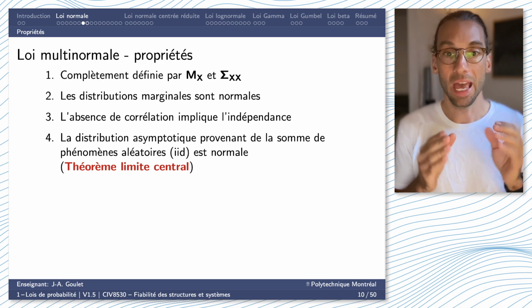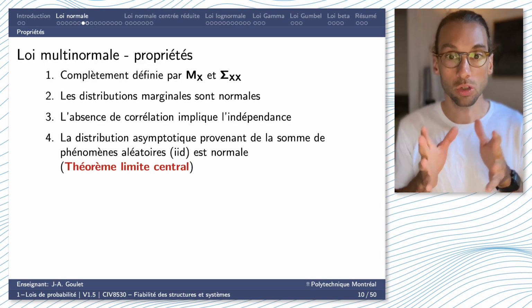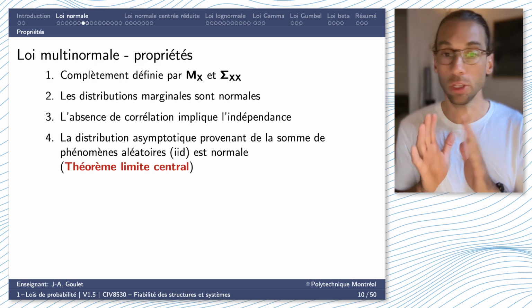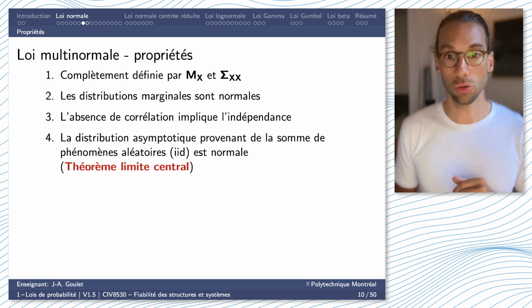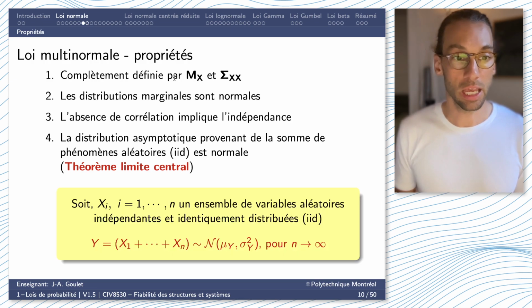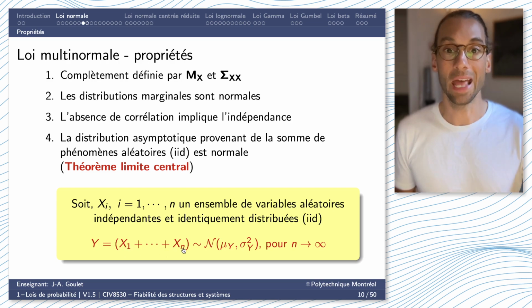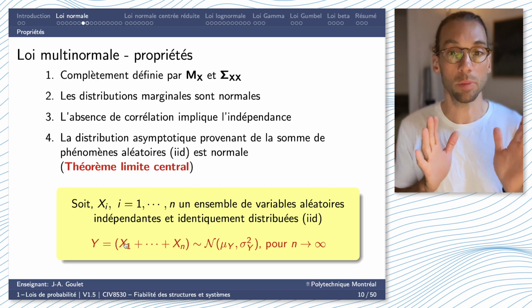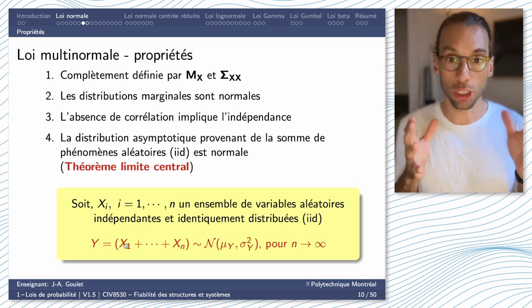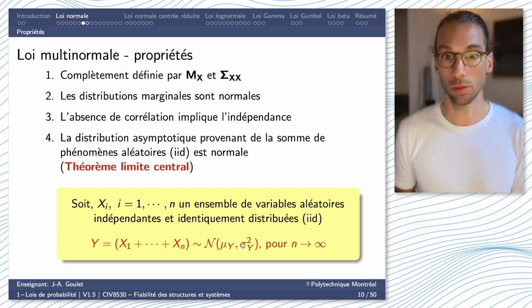If we sum infinitely many random variables that are all distributed in the same way, but could have an arbitrary shape, the result from the sum always tends to a Gaussian. So for instance, if I have n variables, for n that tends to infinity, and I sum these random variables that could be arbitrarily distributed, doesn't have to be normal, could be anything, the sum of these variables will tend to a Gaussian distribution.